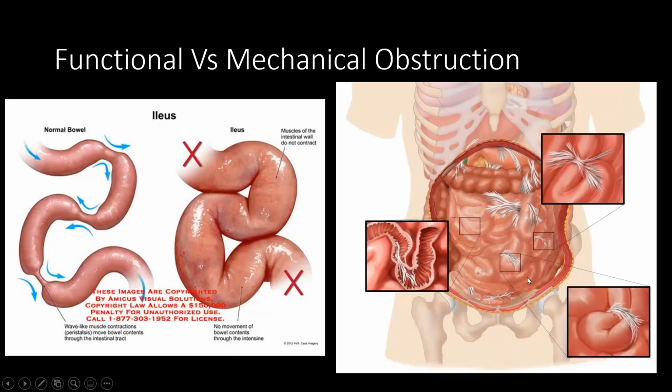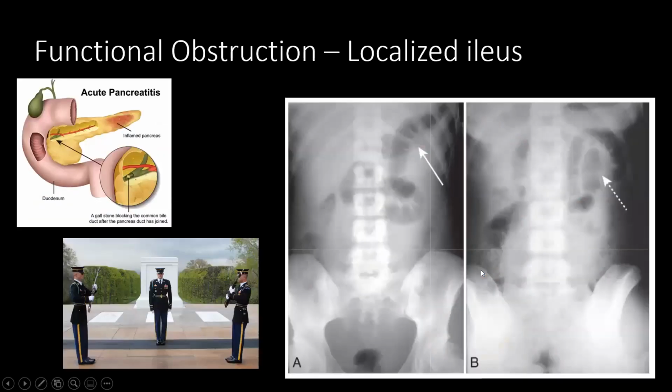As you can see, it causes obstruction, either full or partial. We will look at it in the upcoming slides. So a functional obstruction is not a real obstruction; it's rather a cessation in function of a certain part of the bowel.